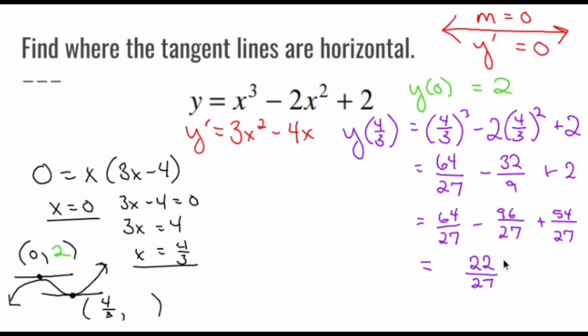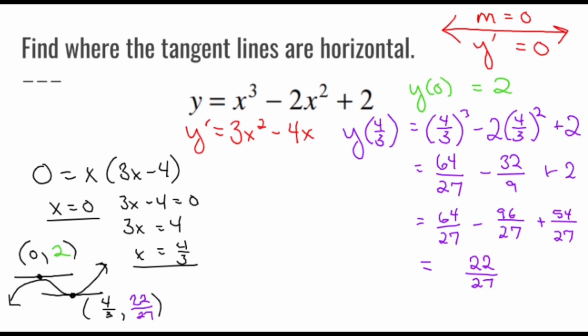Just trying to do this all in my head, making sure I'm not making a mistake. And I think I'm okay. Again, 64 plus 54 is 118. 118 minus 96. I'll take it. So by plugging in 4/3, I now have my 2 points.